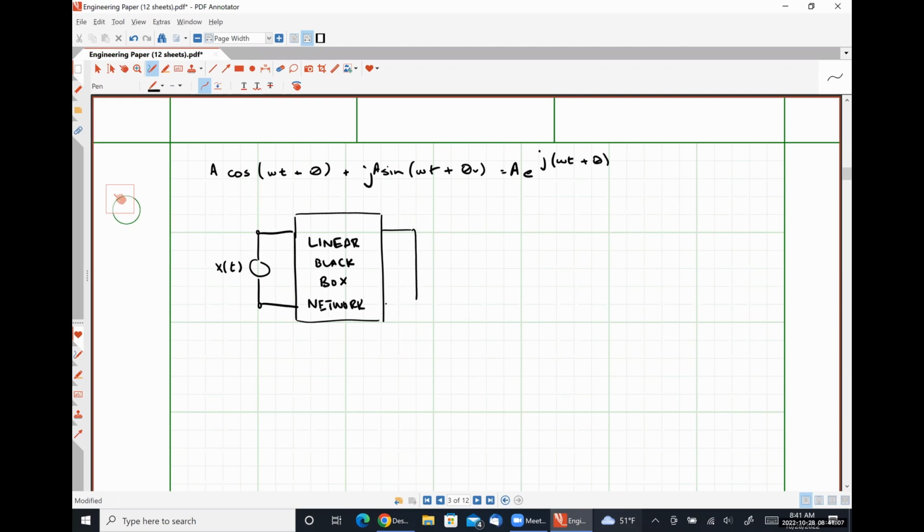And we measure some response on the output side, y of t.